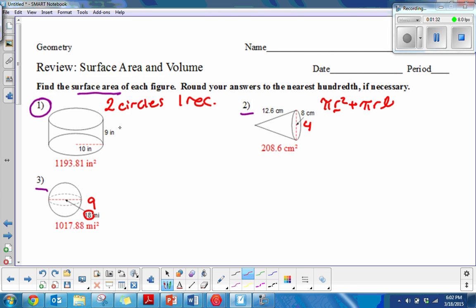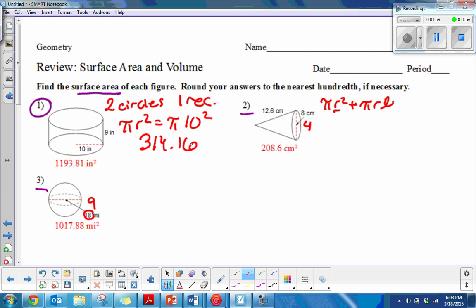The area of a circle is pi r squared. Our r is 10. Pi 10 squared, if you put that in your calculator, will get you 314.16.